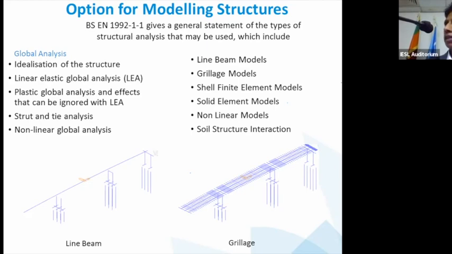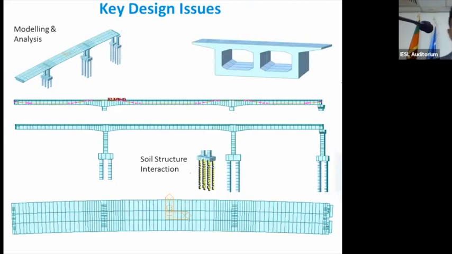The line beam is the one that we do primarily because it gives some idea of the behavior. But then the grillage is developed, which gives the torsional effects and so on. We use software called Midas. I'm not promoting any software, by the way, but this is what we use.